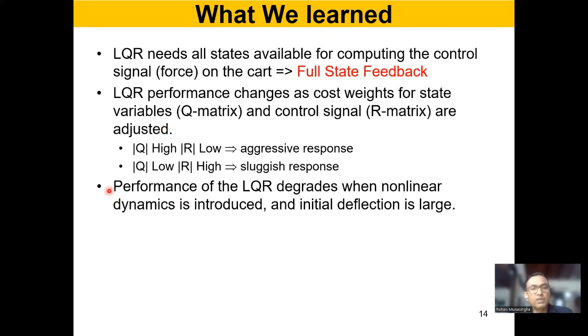Then the last bullet, performance of LQR degrades when the nonlinear dynamics is introduced and initial deflection is large. So if you have initial deflection large, like 15, 20 is all right, but when it goes to 30, 35, then you will see the performance degrades.